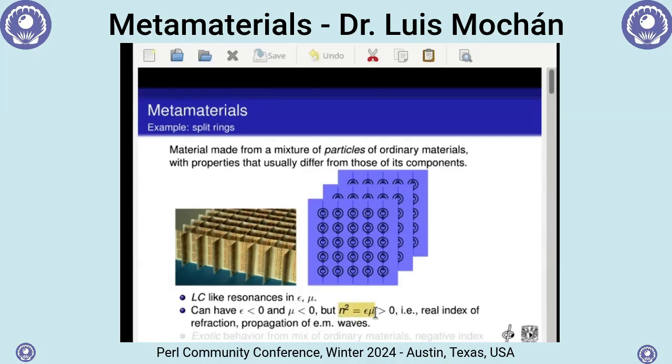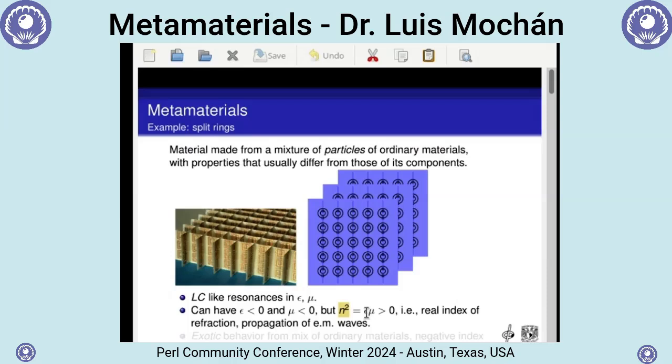The square of the index of refraction is given by the product of the permittivity and the permeability. If only one of those is negative, the index of refraction becomes imaginary, and that means that electromagnetic waves cannot propagate in the system.